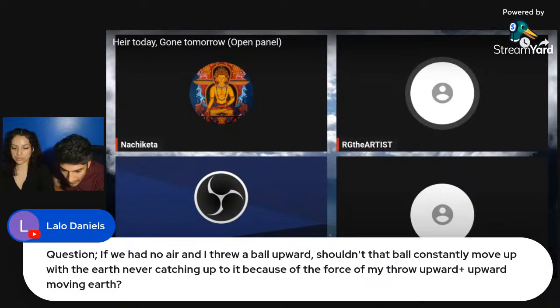Question: if we had no air and I threw a ball upward, shouldn't the ball constantly move up with the earth, never catching up to it because of the force of my throw upwards plus the upward moving earth? Again, you would have to believe that matter doesn't resist motion, and that's what I'm saying. We don't live in a frictionless reality.